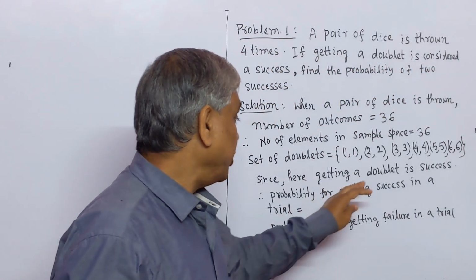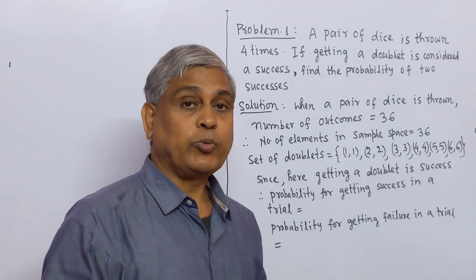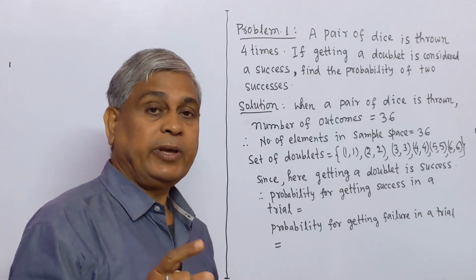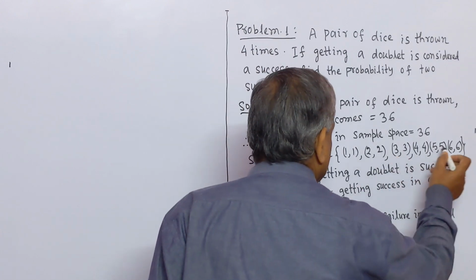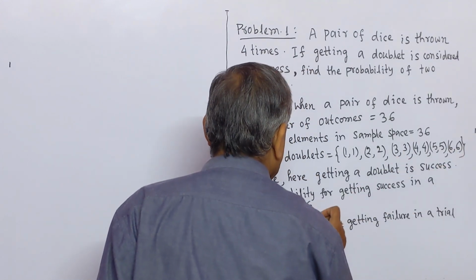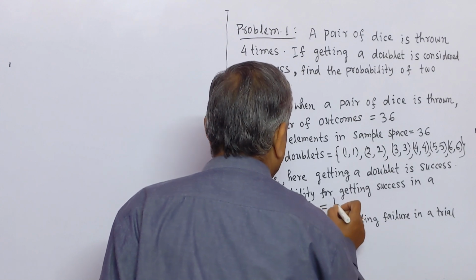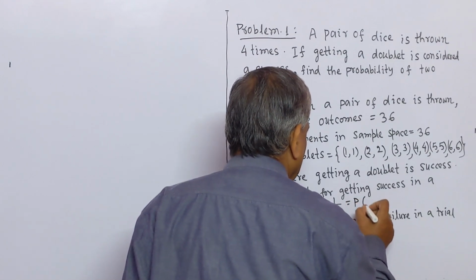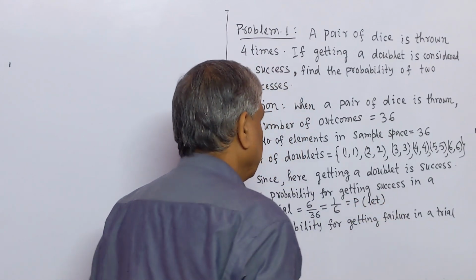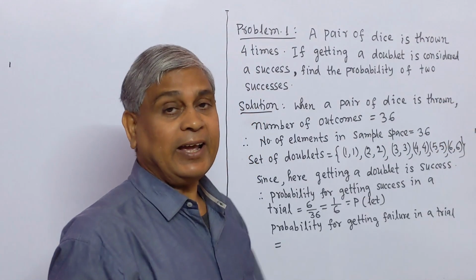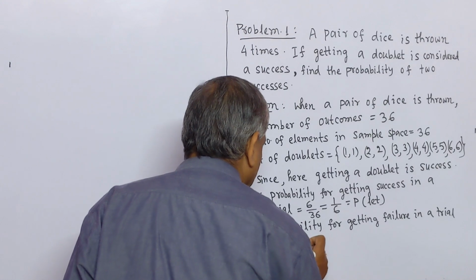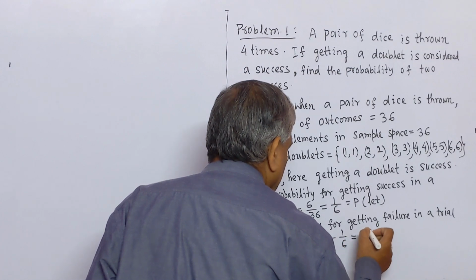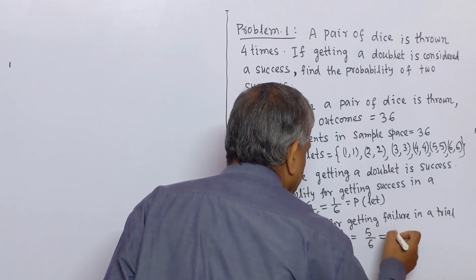Therefore probability for getting success means probability for getting a doublet, whose probability will be, here number of elements be 6, 6 by 36, that is 1 by 6. Let this be p. Therefore probability of getting failure in a trial will be 1 minus p, means 1 minus 1 by 6, that is 5 by 6. Let this be q.